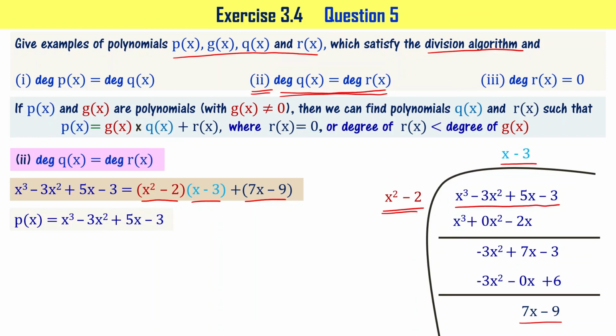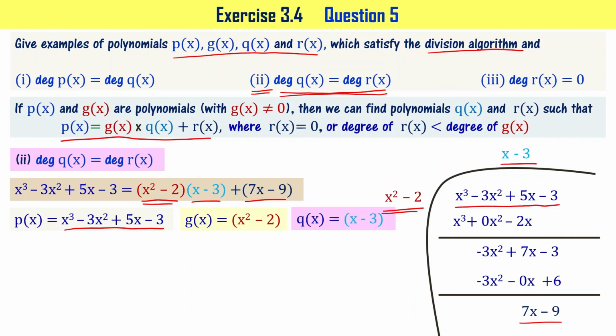When you compare that with the division algorithm given, p of x is going to be x cube minus 3x square plus 5x minus 3, and g of x is going to be x square minus 2, and q of x is going to be x minus 3, and remainder r of x is going to be 7x minus 9.